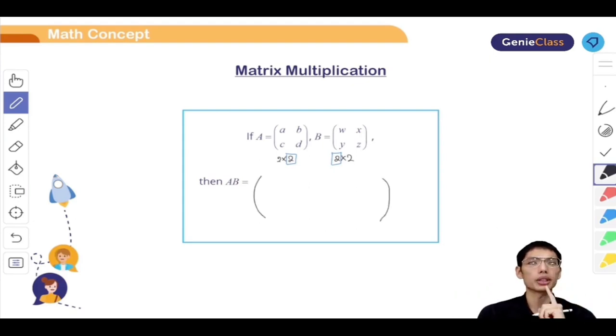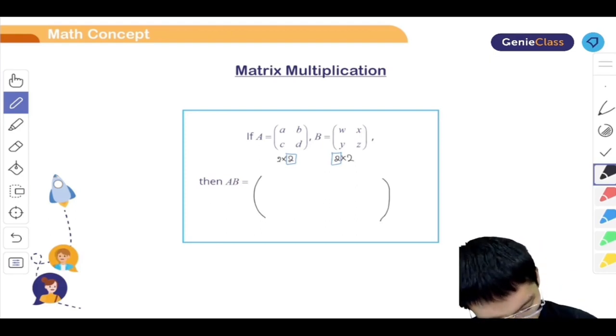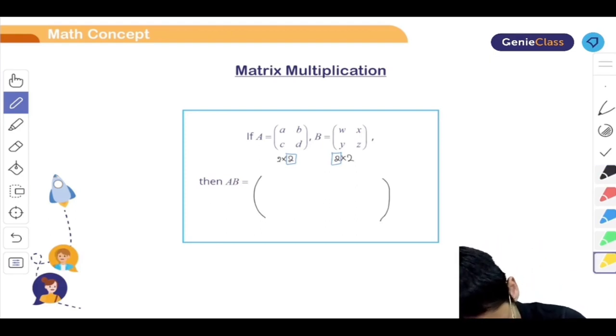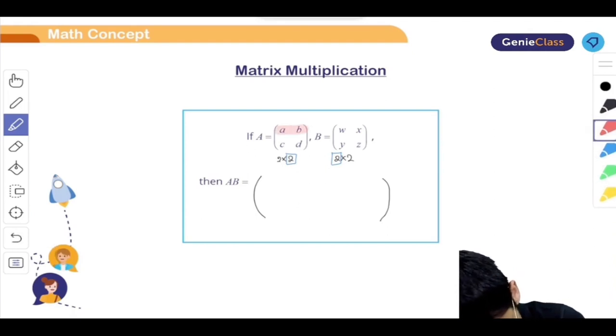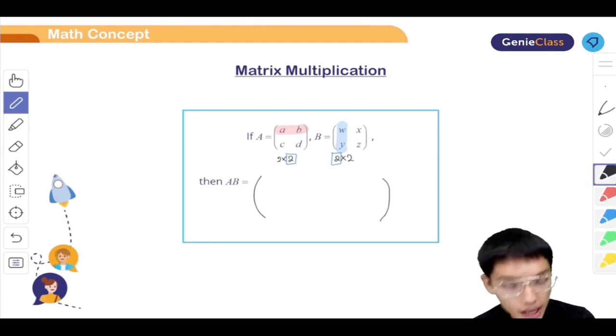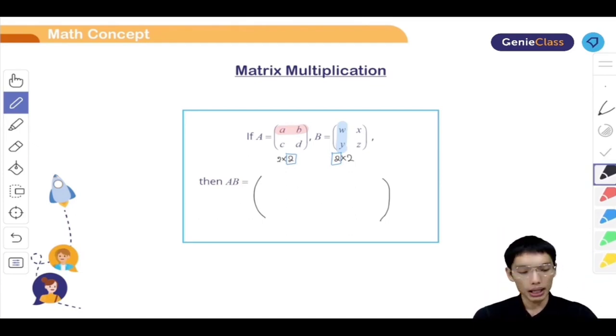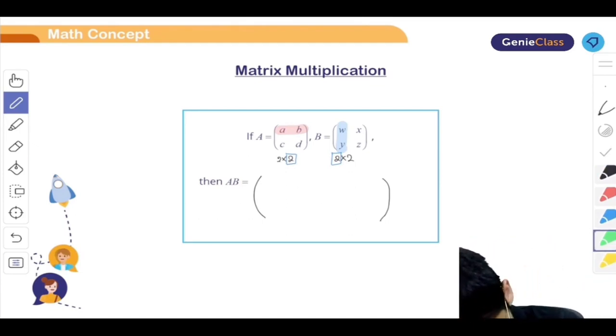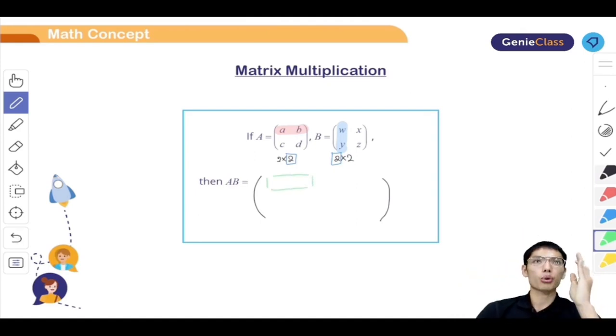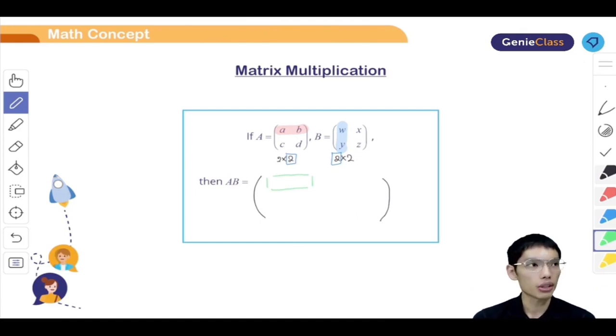What will be the entry I get if I multiply the first row and the first column of the matrix? What will I get in this case of the entry over here? Because I want first row, first column. What is the expression I will get in the green color box over there? Come, write it down. I'll give you some time, think about it, write it down. What is the entry that I will get?